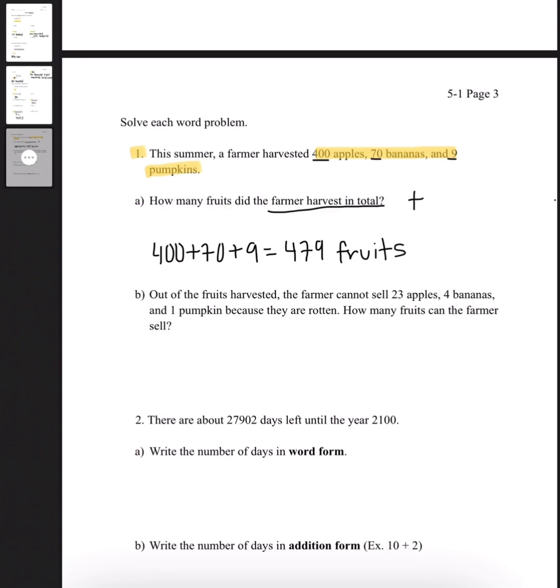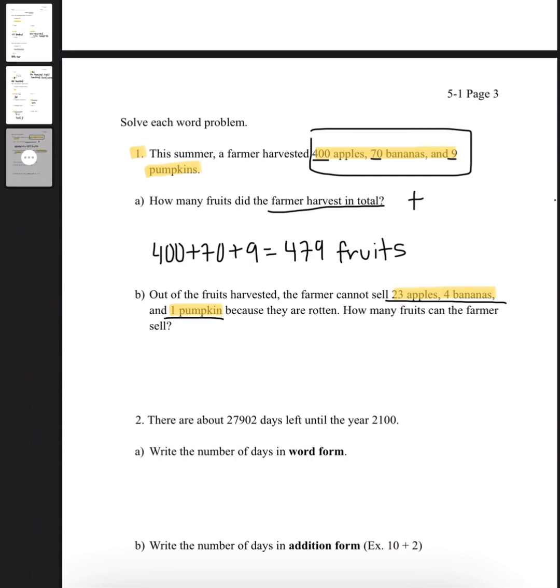B says, out of the fruits harvested, the farmer can't sell 23 apples, 4 bananas, and 1 pumpkin because they are rotten. How many fruits can the farmer sell? To find out, we take the total apples, bananas, and pumpkins that we got earlier and subtract how many of each we cannot sell.